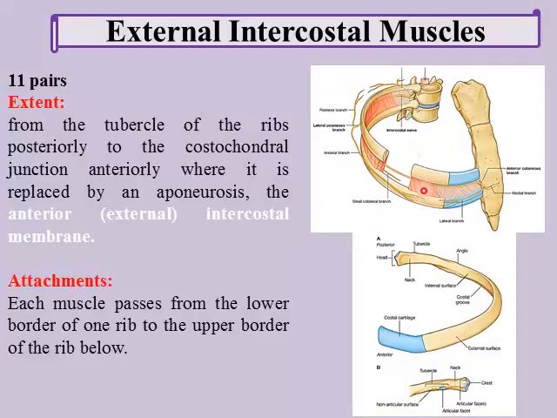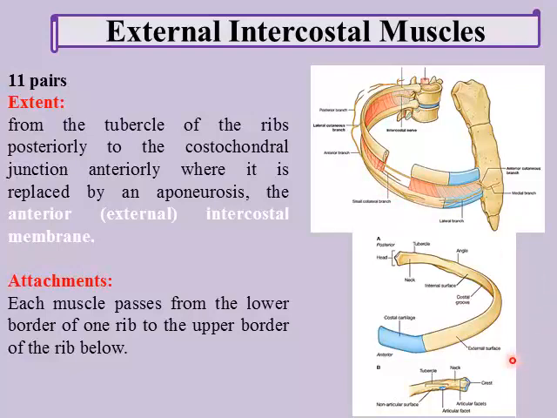The external intercostal is attached to the lower sharp border of the rib above and the round border of the rib below. Again, it is attached superiorly to the rib above at its sharp lower border, and the insertion of this muscle is in the upper, rounded border of the rib below.